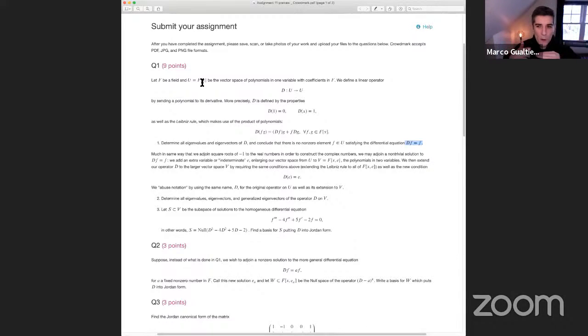So then we introduce a new object in the vector space. We formally add an extra vector to the vector space, which was not there before. And then we need to add all linear combinations which include that vector.